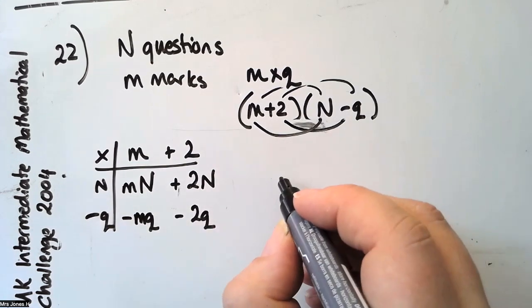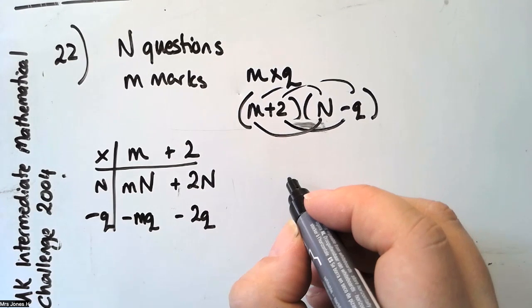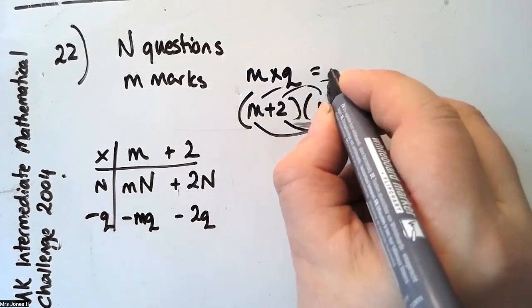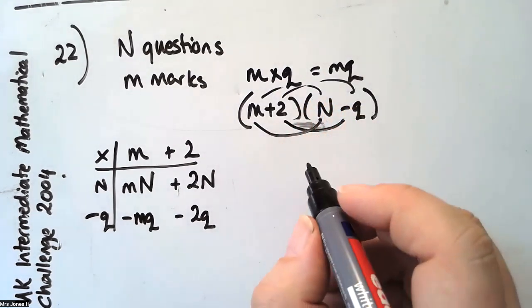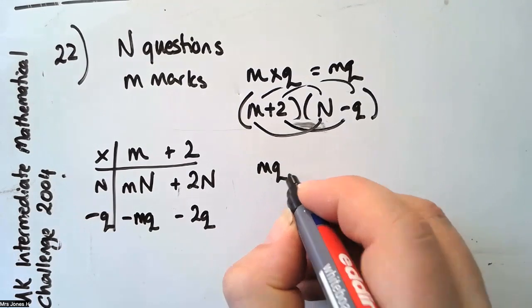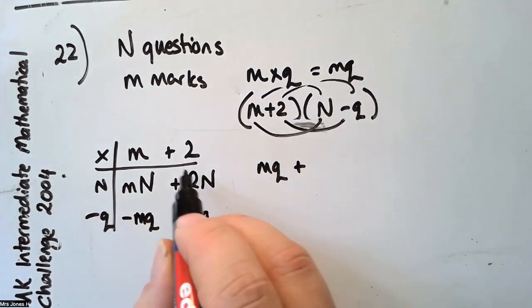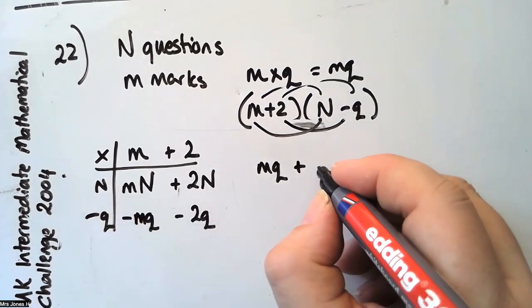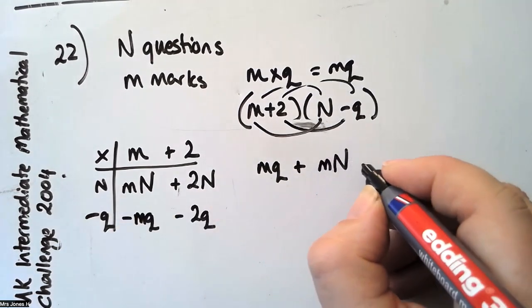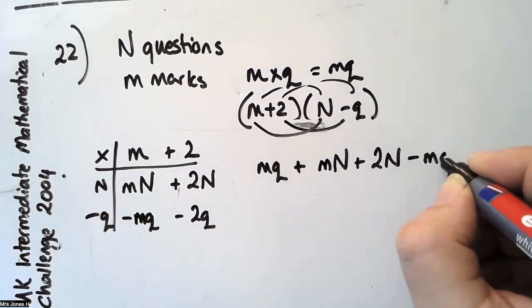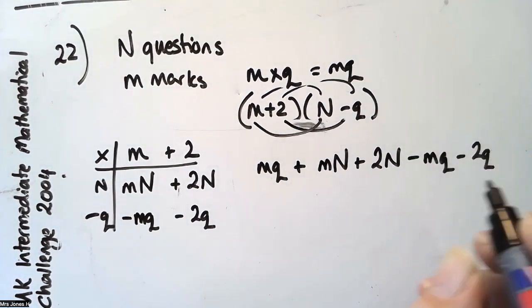I'm going to put that all in a row. I've got mq, this is mq or qm, so I'm going to write mq, add, and then all of this: mn plus 2n subtract mq, subtract 2q.